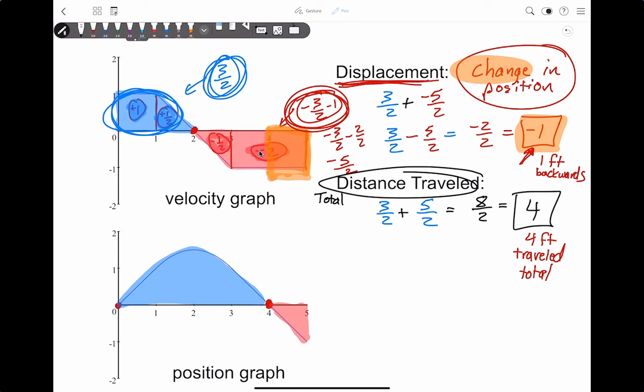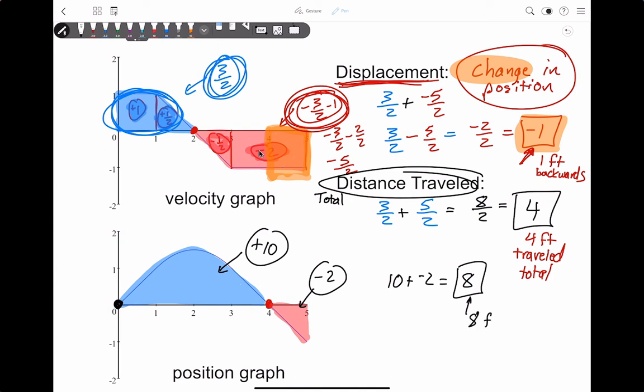Let's say the top came out to a +10 and the bottom came out to about a -2. The displacement would be adding these together, which gives me an 8. That means if I started wherever I started here, I accrued 8 feet forward, if you will, is where I ended up.